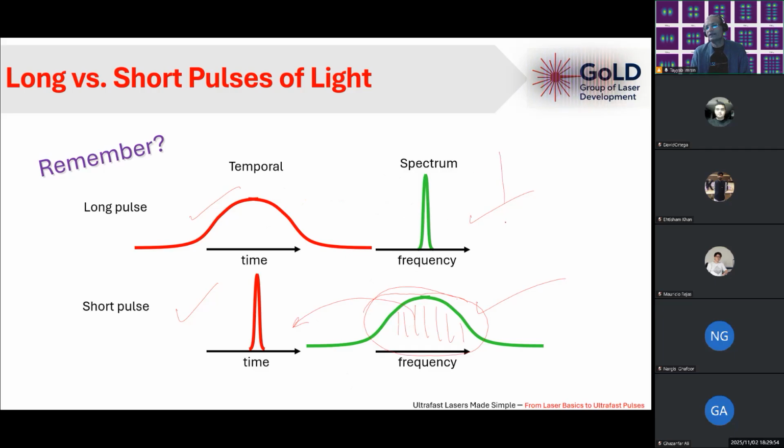It will be like a line. And you can have a very long pulse, milliseconds, not picoseconds, and some microseconds, or nanoseconds also considered. So the broader the spectrum in the frequency domain, the shorter the pulse, and the narrower the spectrum in the frequency domain, the longer will be the pulse. Okay, so this is just to recall your memories.